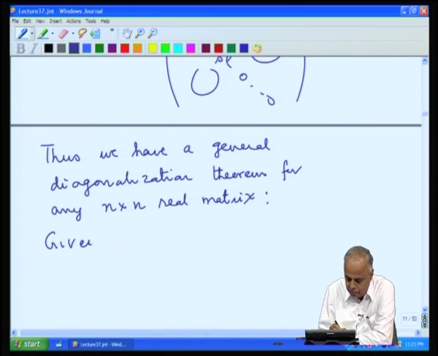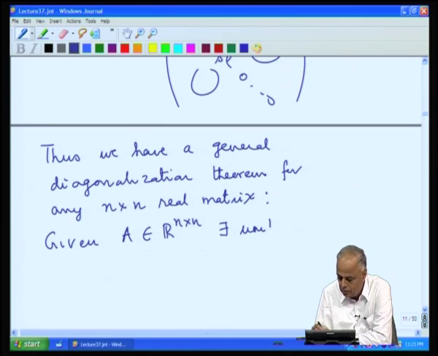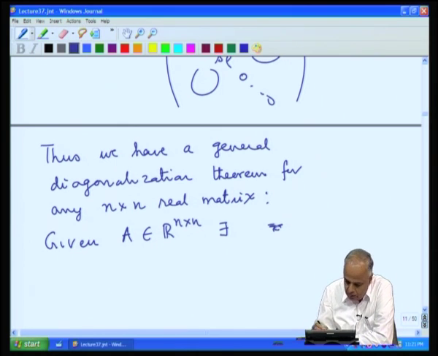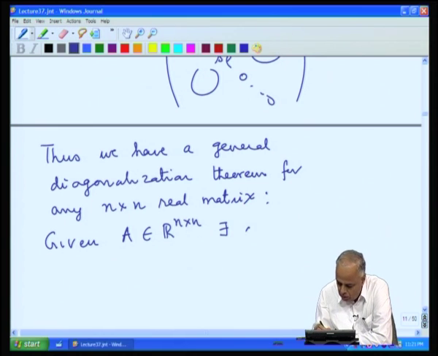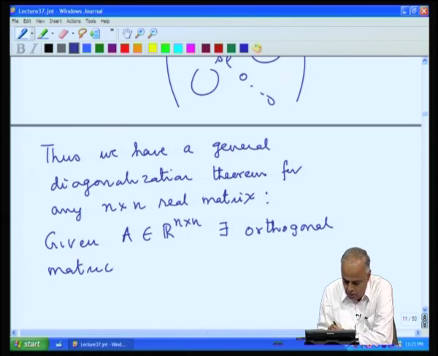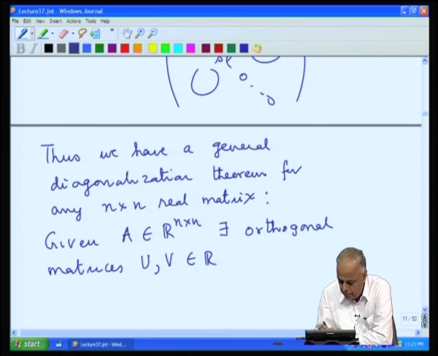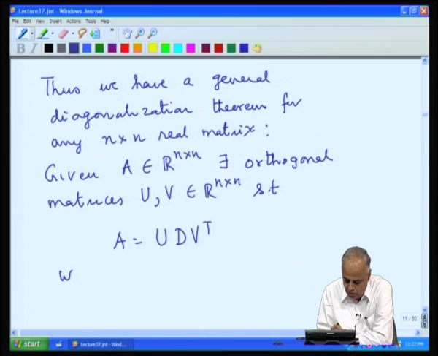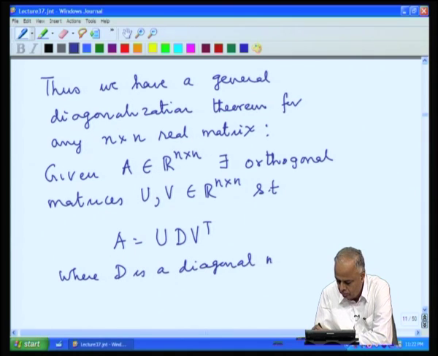So, we have this general diagonalization theorem for any n by n matrix. Given A belonging to R n cross n, there exist, since we are in the real case, orthogonal matrices U, V in R n cross n such that A equal to U D V transpose, where D is a diagonal matrix in R n cross n.